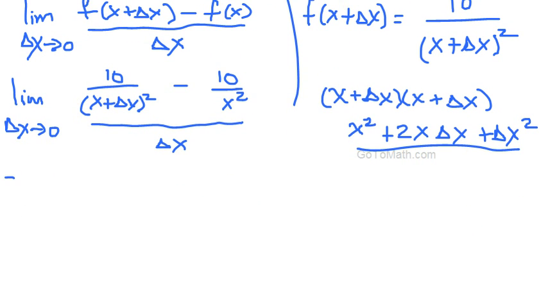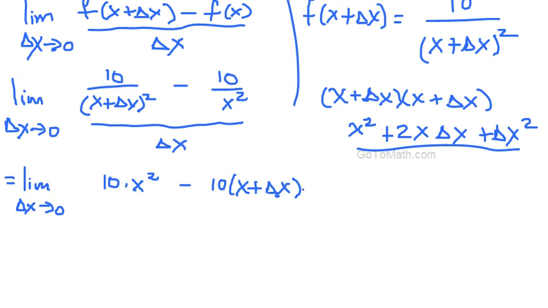So I'm going to go ahead and write an equal sign here. The limit as delta x approaches 0. So I'm just going to multiply this x squared times 10 up here. So this is 10 times x squared minus, and then 10 times, multiply this up here. That way, cross multiplication, kind of a short way method of dealing with this fraction here.